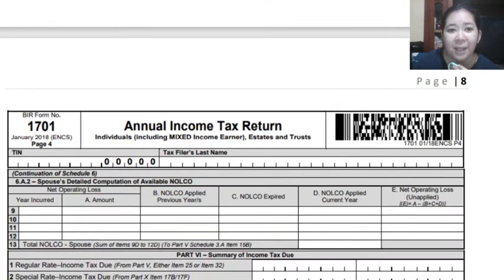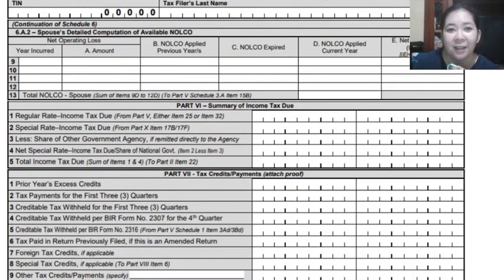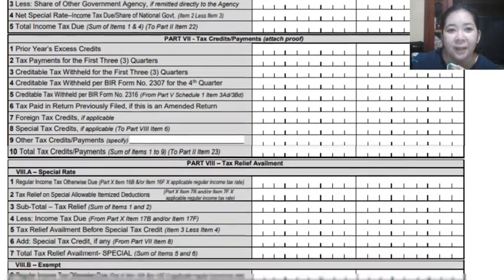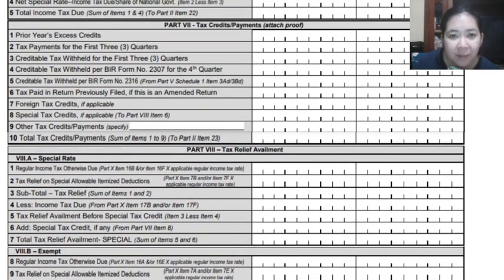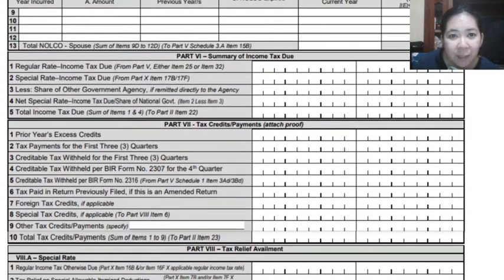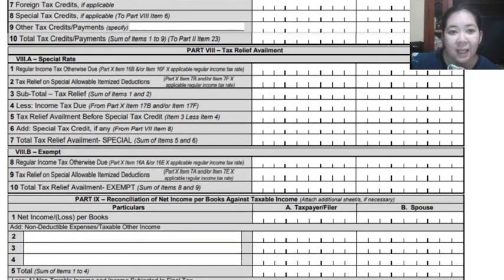For page 4, this is for the spouse's detailed computation. Part 6 is the summary of the income tax due, taken from the previous pages. Part 7 is the tax credit payments. Part 8 is the tax relief availment, if there are any.